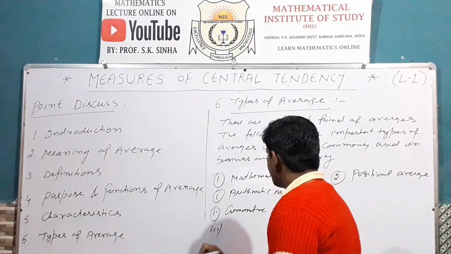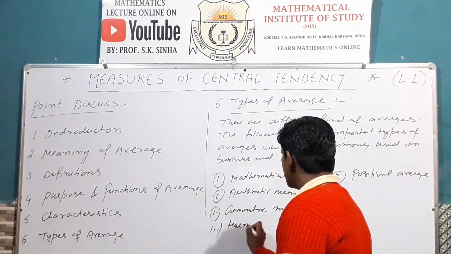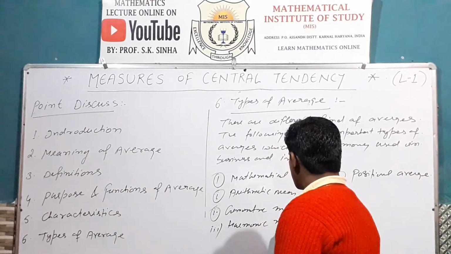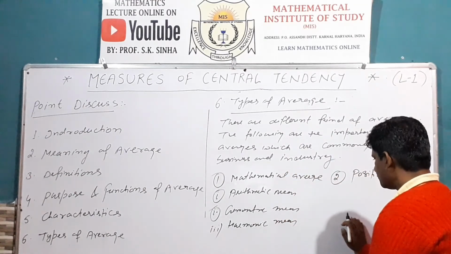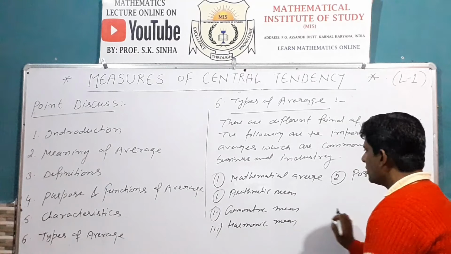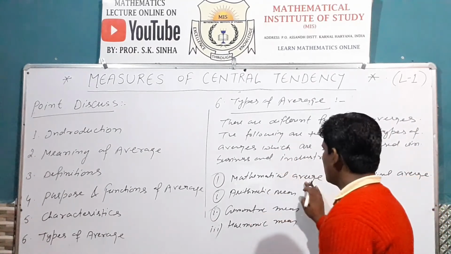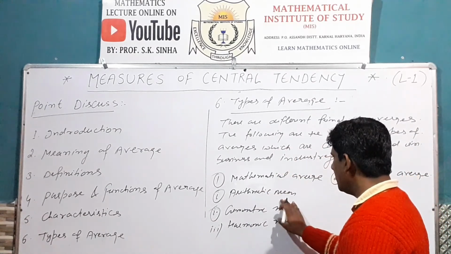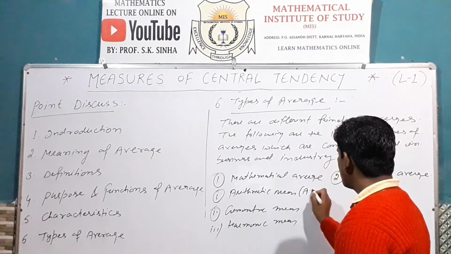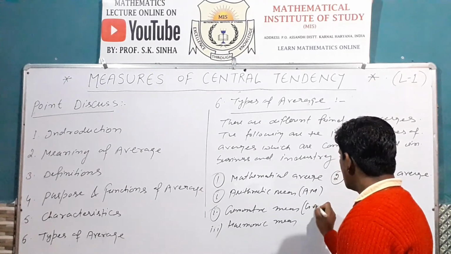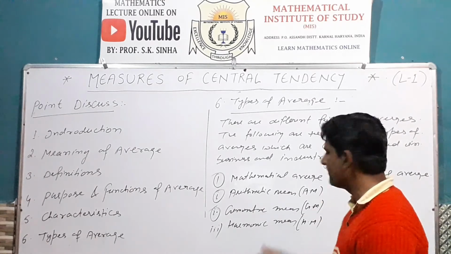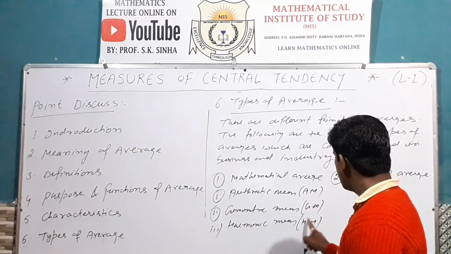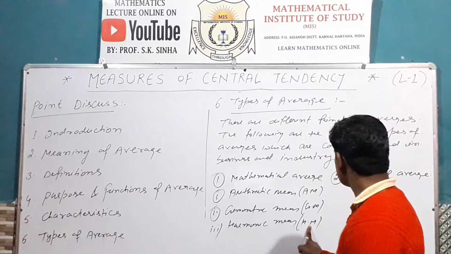Number three, harmonic mean. The short forms are AM for arithmetic mean, GM for geometric mean, and HM for harmonic mean.